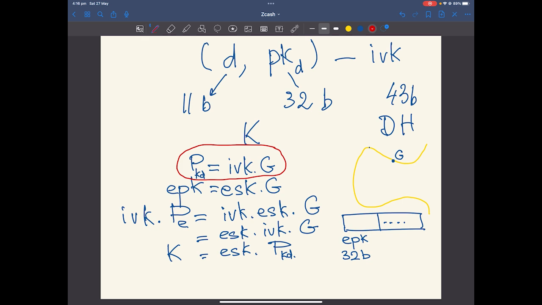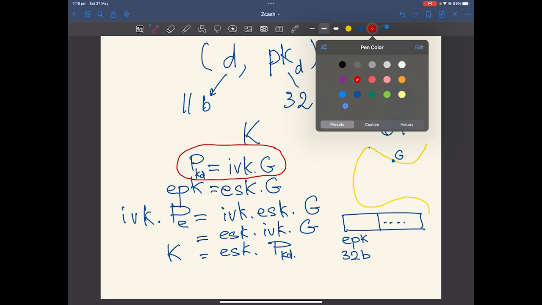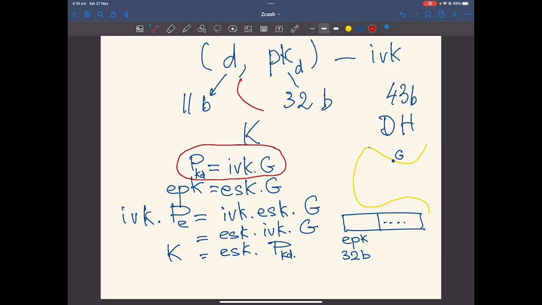So there's a way to find this point G based on D, and this is documented by the protocol. Whenever you choose an arbitrary D as diversifier, then from that D, there's an algorithm to derive G of D, because now D is a parameter.